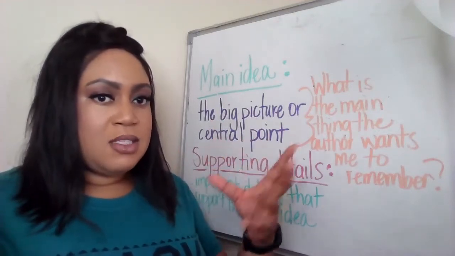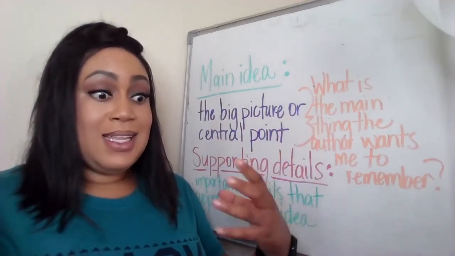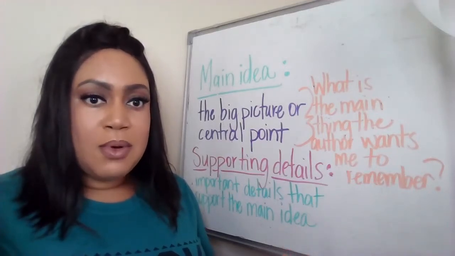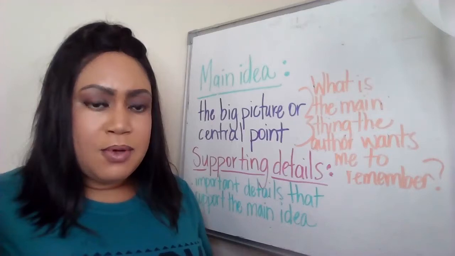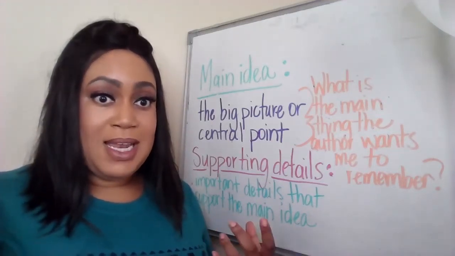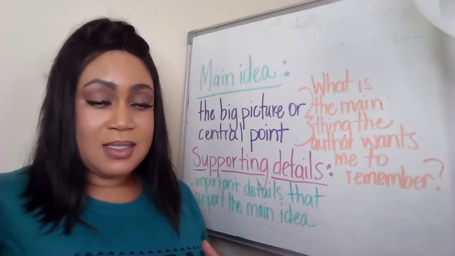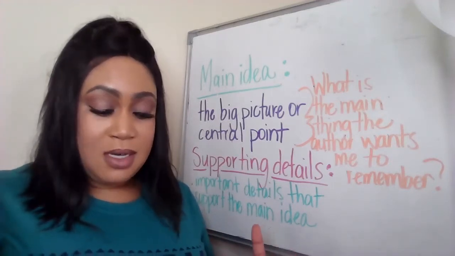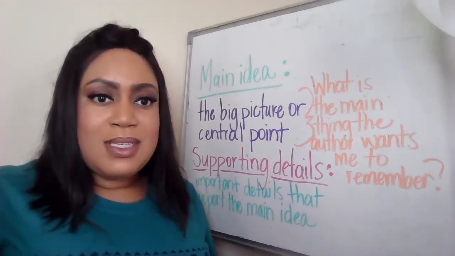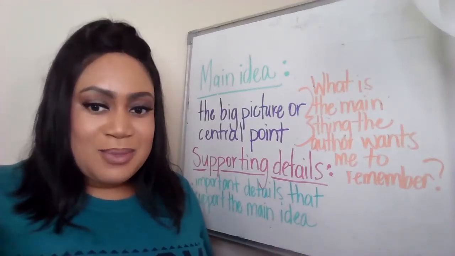And what evidence do I have from the text that lets me know that this is the main thing the author wants me to remember? What details can I pull from the story that support or make the main idea stronger as you listen to me read? I want you to be thinking about what's the main idea, and what are some details that I can give to support.